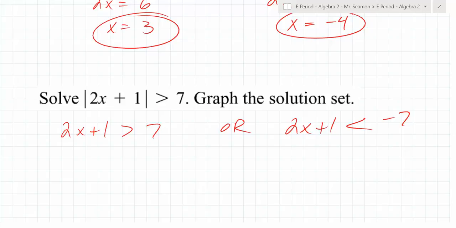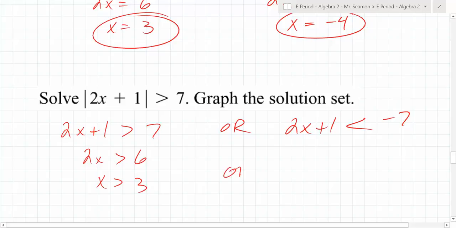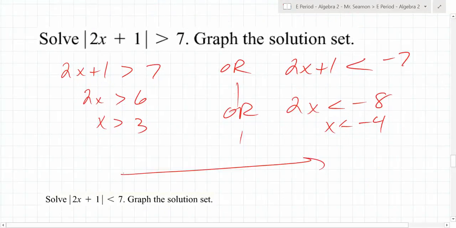So then you just solve these independently of one another. Let's finish it. 2x is greater than 6. X is greater than 3. Remember these are all or statements. 2x is less than -8, so x is less than -4. So if you graph this, what does this look like? You have 3 and they go away, exactly, or you have -4, which is to the left. There it is.